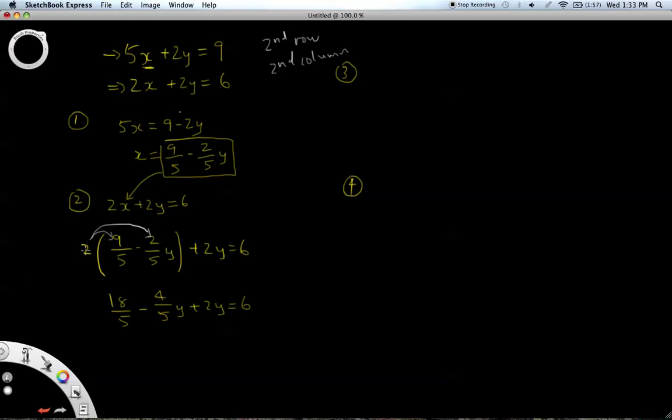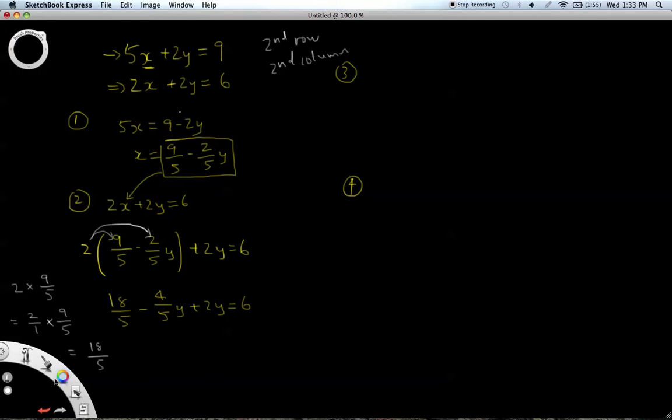What I'm doing here, using distributive property, is multiplying 2 times 9 over 5. Doing it the long way, this is the same thing as 2 over 1, which is 2 as a fraction, times 9 over 5. And 2 times 9 is 18, 1 times 5 is 5. And you'll see that's the same number there.